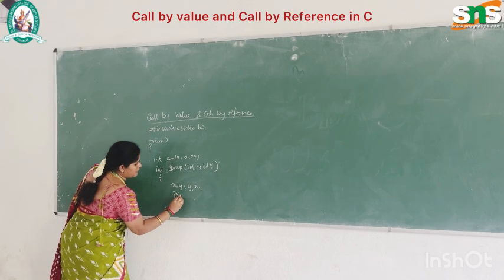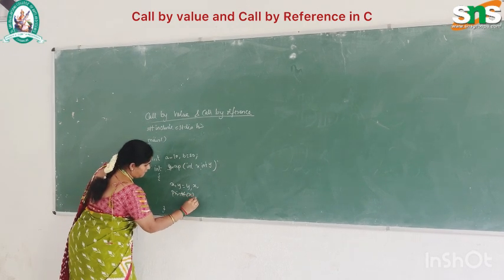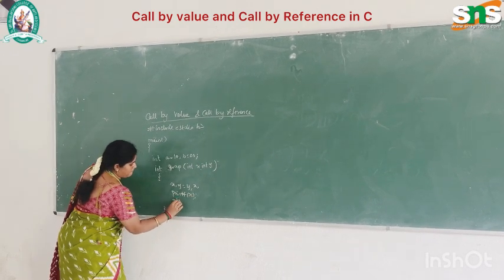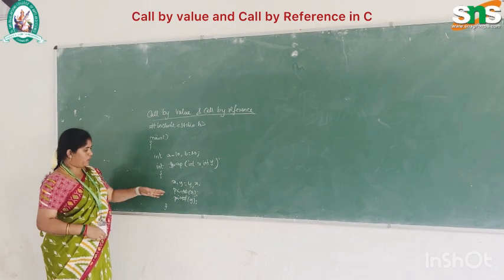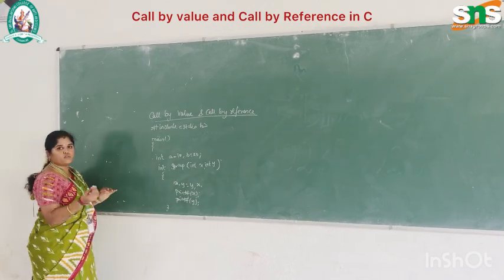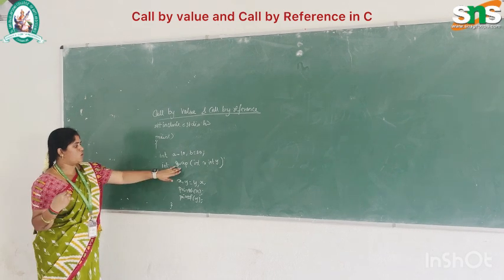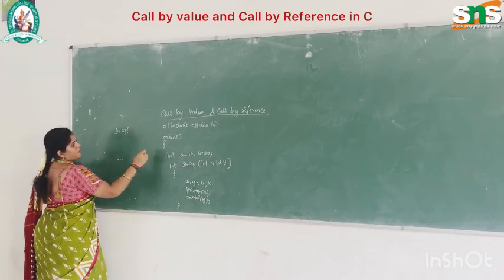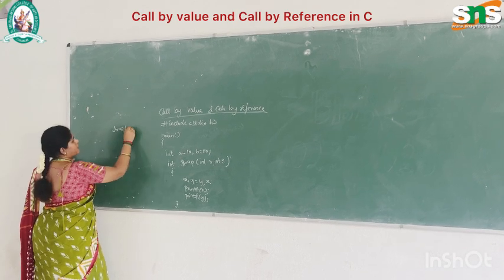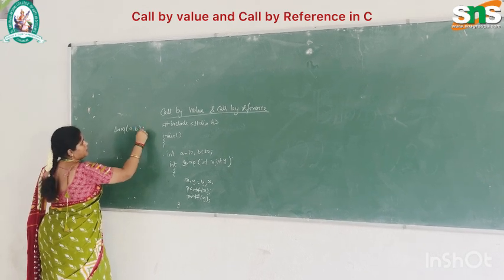Then I am printing the x and y values. After that I want to utilize the function called swap. So swap, and here I am passing the variables a and b.